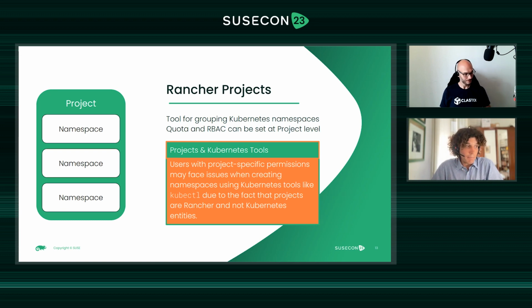And so, for example, if you do the same thing that Dario talked about before, so if you list the namespaces, and let's suppose that you have the rights only on a single Rancher project, so on a few namespaces that live within your cluster, and you want to list all the namespaces of your cluster, then you will see all the namespaces of the cluster, not just your namespaces. Okay. So Rancher projects are good. They are really good within Rancher.